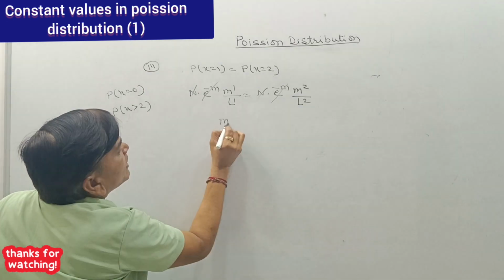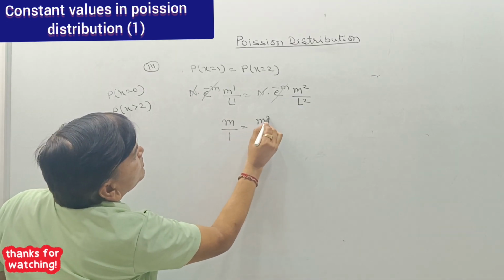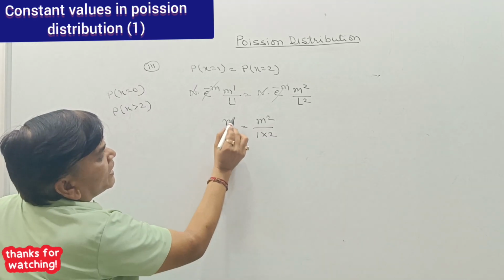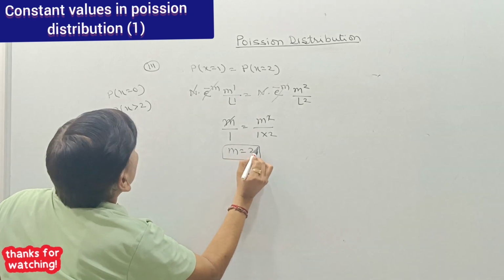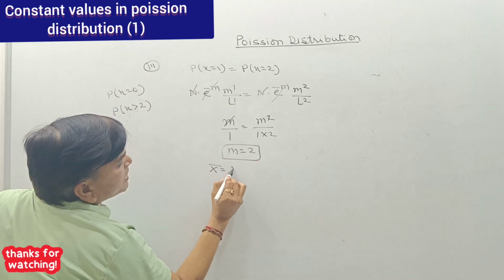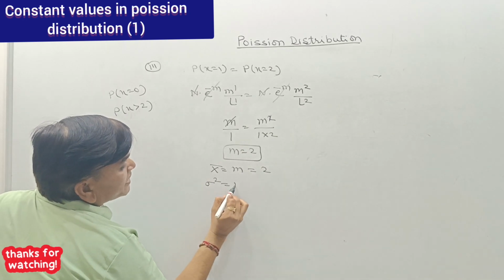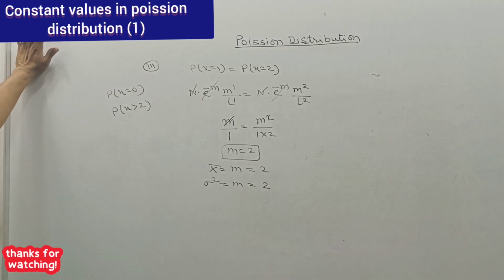So m by 1 is equal to m square by 1 multiply 2. m and m cancel, so m is equal to 2. So the arithmetic mean is m, that is 2. Variance is also m, that is 2.